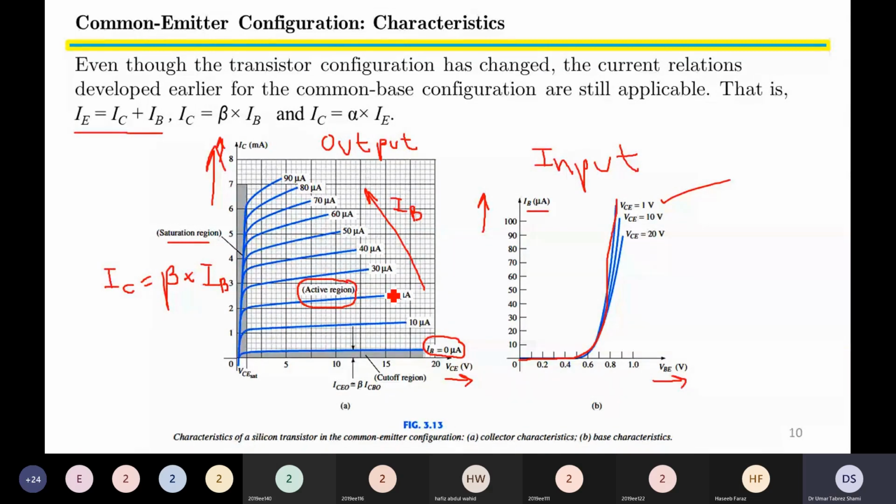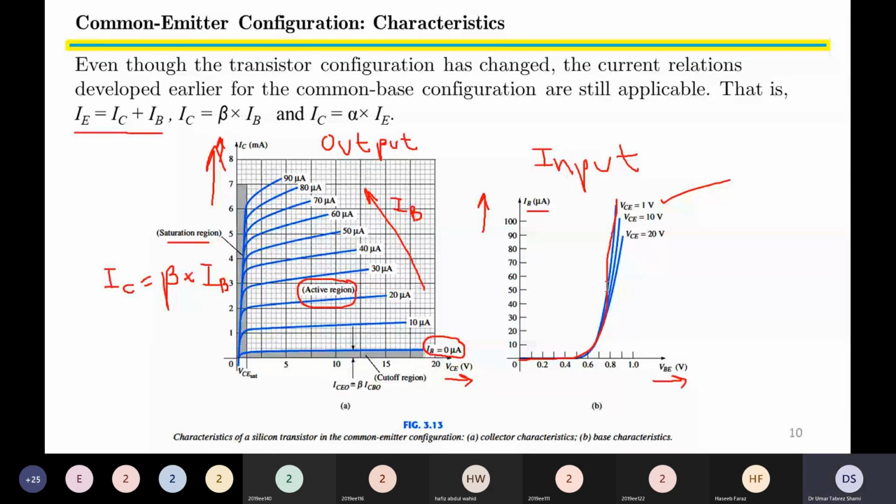But if it is being used for digital applications, where it will produce either logic 0 or 1, we must ensure that it works either in the saturation region or in the cutoff region.